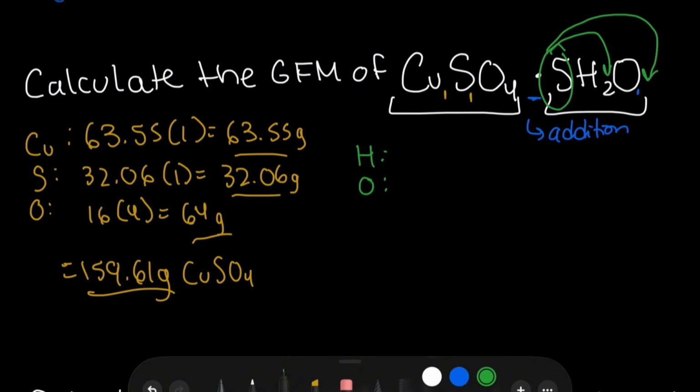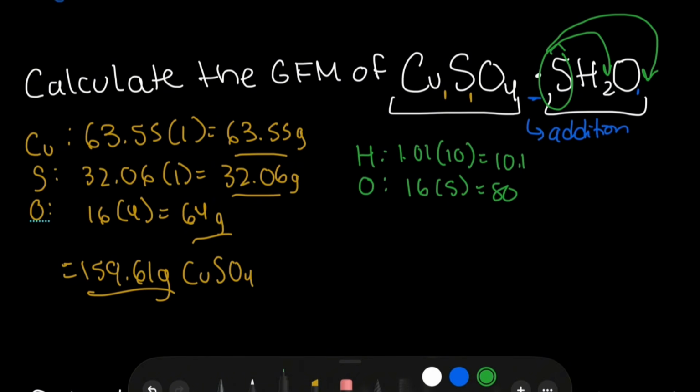The average atomic mass of hydrogen is 1.01, but since we distributed the 5 to the 2, we have 10 hydrogen atoms, so we're doing 10 times 1.01, which is going to be 10.1. Then for oxygen, the average atomic mass is 16, but since we distributed the coefficient of 5 to this 1 oxygen, now we have 5 oxygen atoms, so we do 16 times 5, and we get 80.